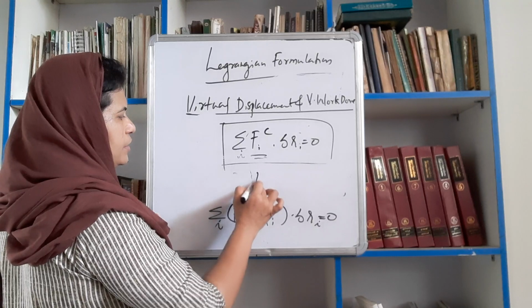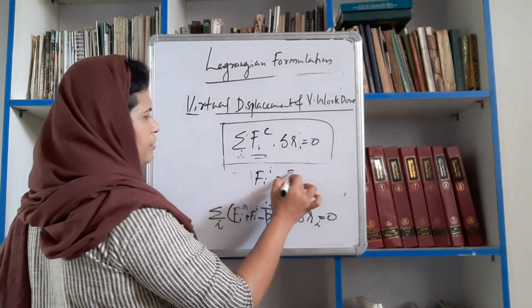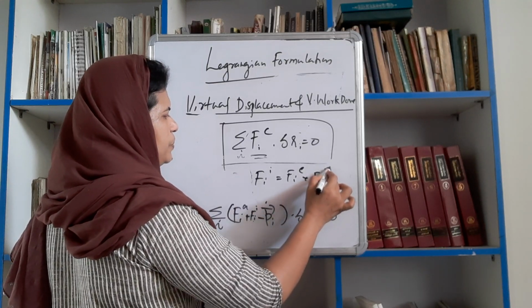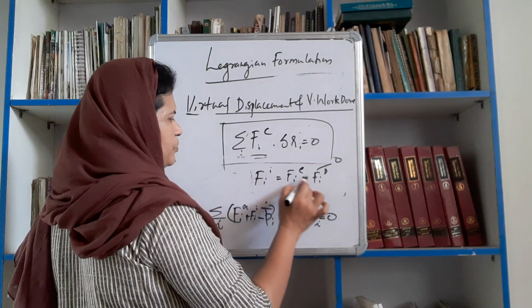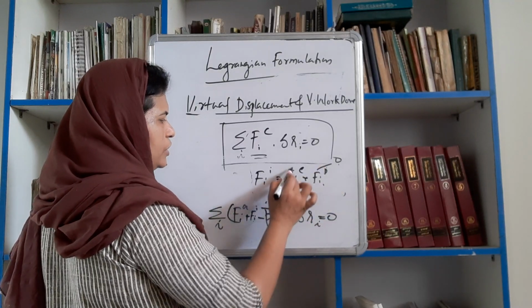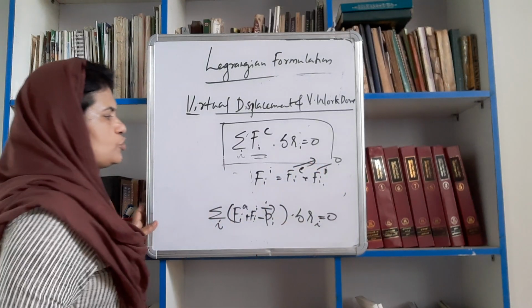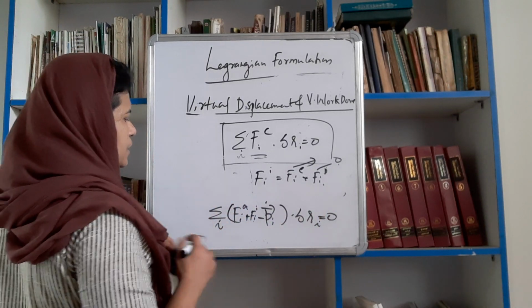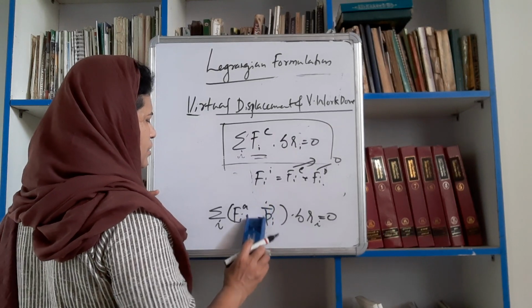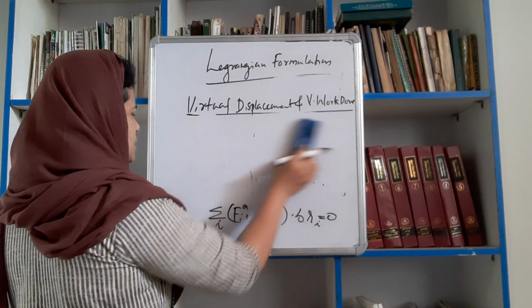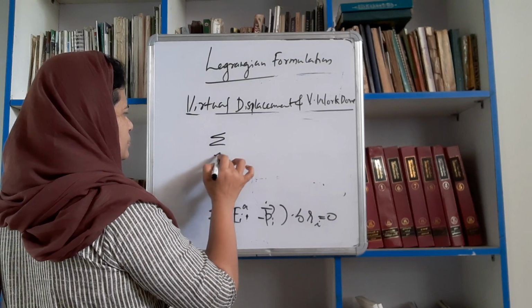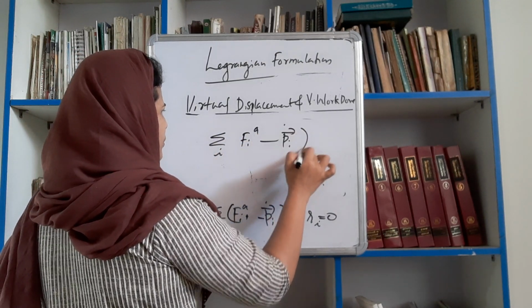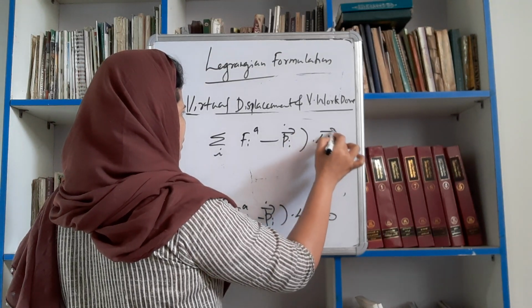Then we get the equation: sigma i of Fia minus Pi dot dot delta Ri is equal to 0.